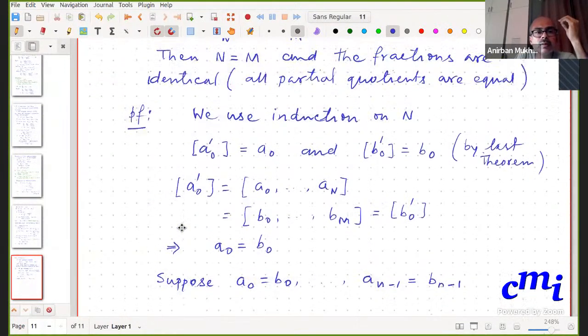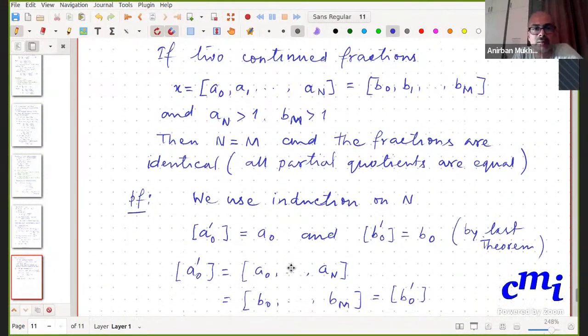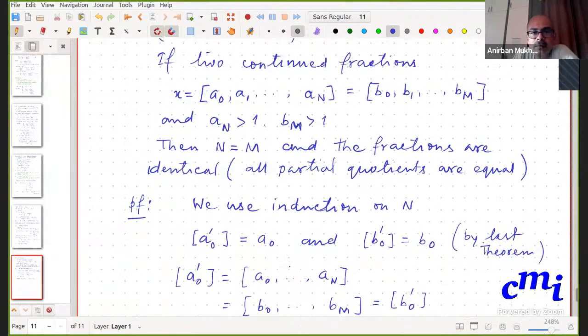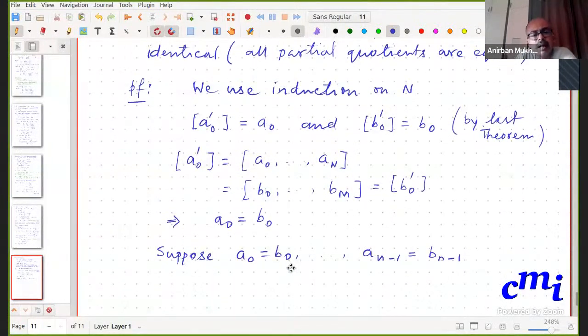Actually it would have been better to write this number as x, so that I don't have to write it out each time. So let's call this number x. Otherwise recalling the number becomes difficult. So we have two continued fraction expansions for x, and by induction hypothesis we have the first n entries to be the same.